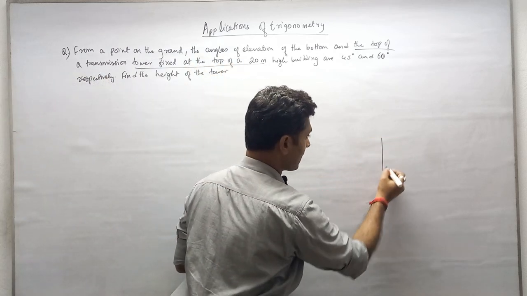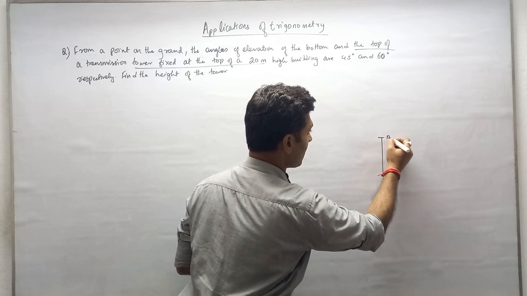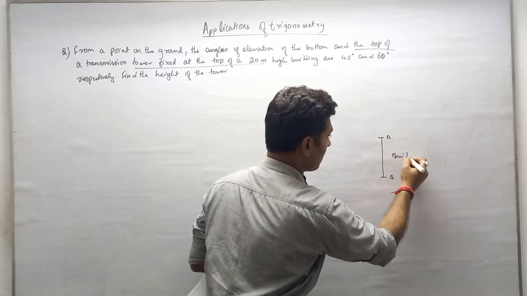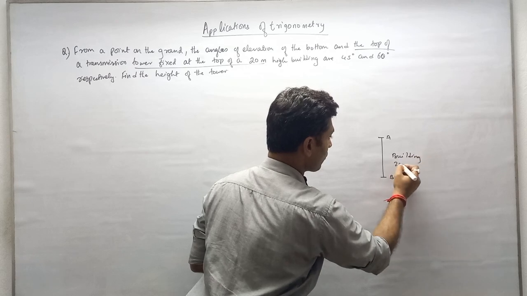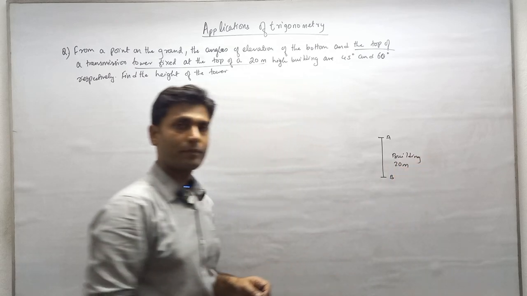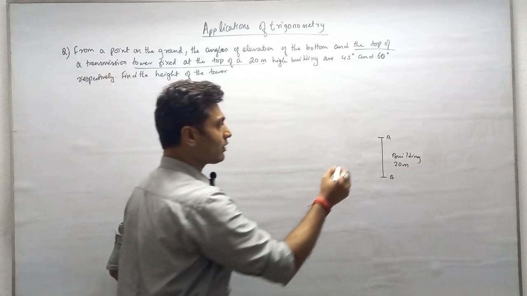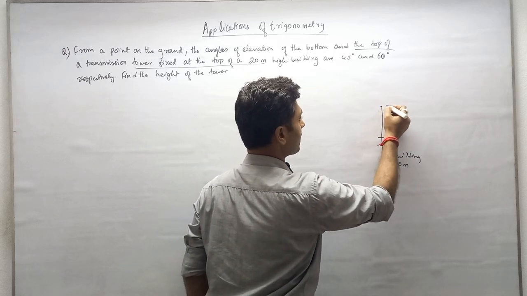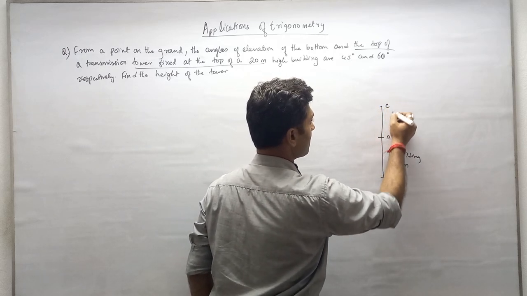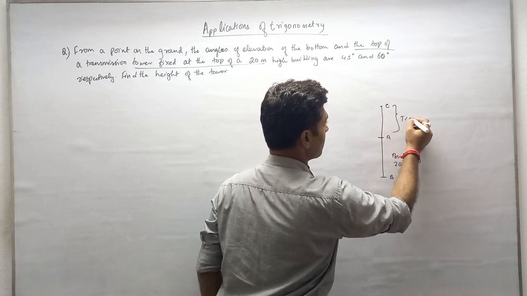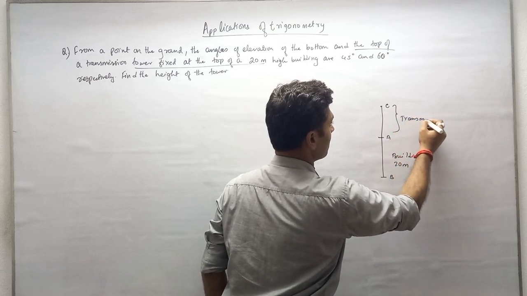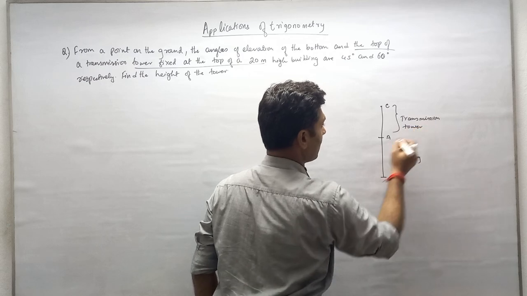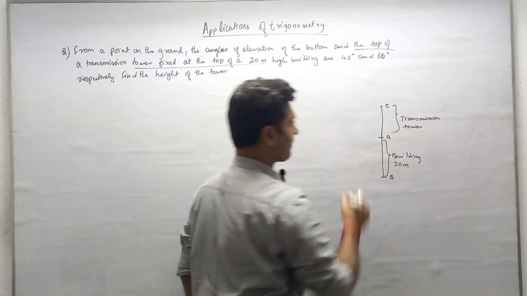So first let's make this building. This is A, this is B. This is the building which is 20-meter high, right? And at the top of this building there is a transmission tower. Let us mark this point as C. This is the transmission tower, and this is the building.